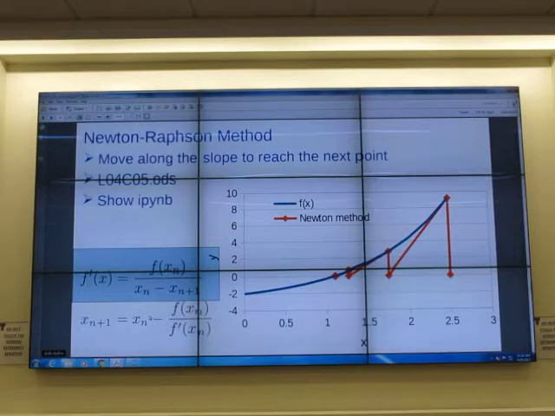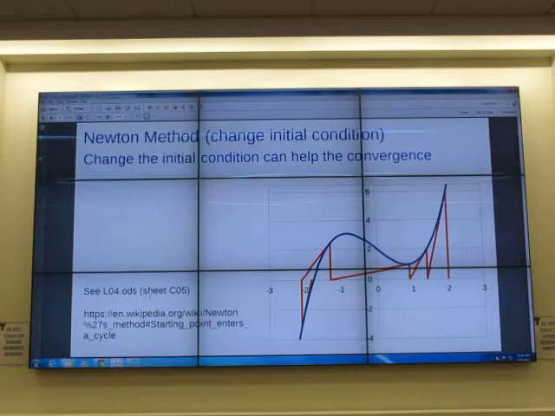Okay, but this is not my question. So when we are at that point, what do we do? We follow the slope until it crosses the x-axis. And it crosses over here. When we are over there, we find the function value. F of minus 2 something is that. Right?